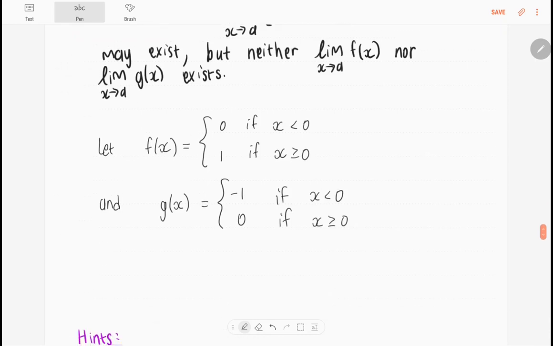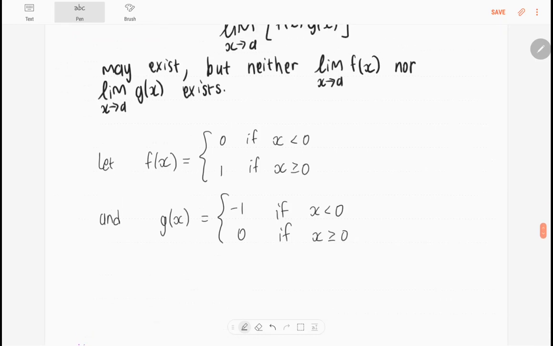So let's write down everything we just said. We said that the limit as x approaches 0 of f(x) and the limit as x approaches 0 of g(x) do not exist.